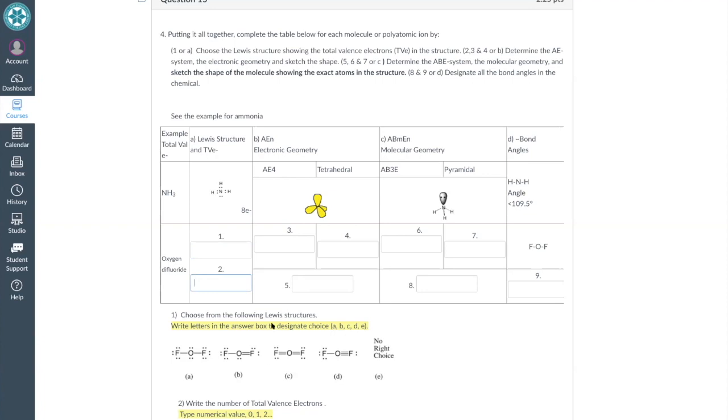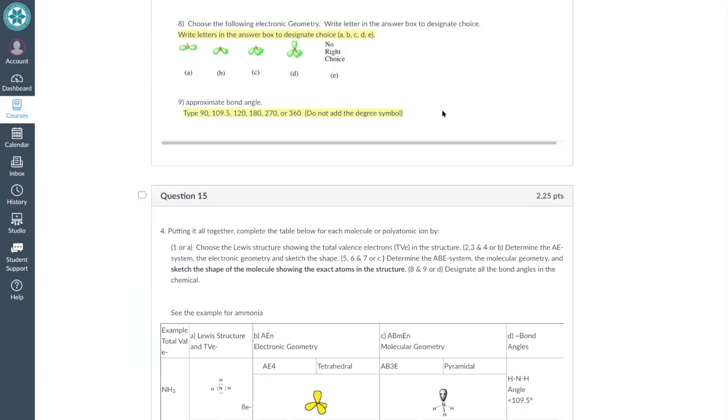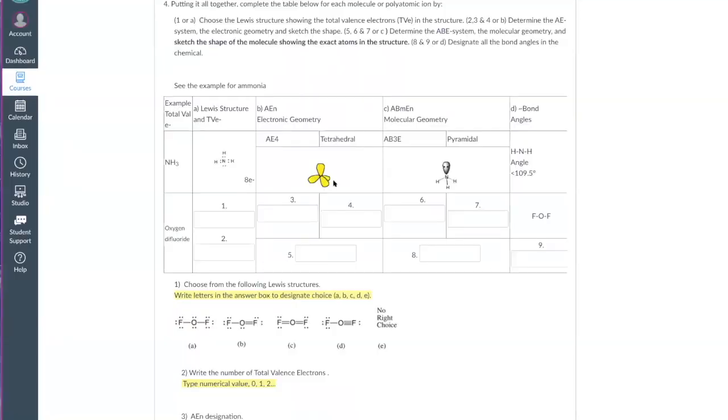The AE designation is AE4. And you know that because we have 4 regions of electron density, tetrahedral AE4, 2 bonded atoms, 2 lone pairs. So our molecular geometry is bent, AB2E2, 109.5. So those are our answers here.